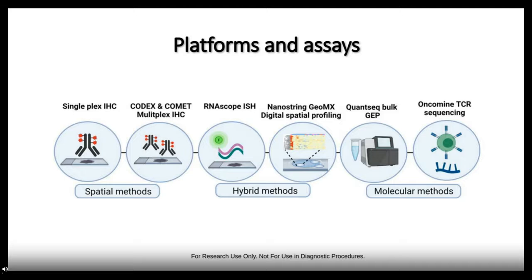These are interesting because they combine the power of transcriptome analysis with the power of looking at where those RNA molecules are spatially localized in the tissue. To add, for all of these spatial and hybrid methods, we've stained tissue successfully, either as the end result for the method or as preparation for that method, using the Leica Bond Rx system.